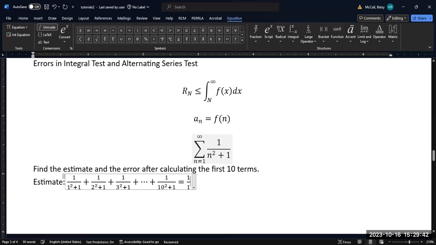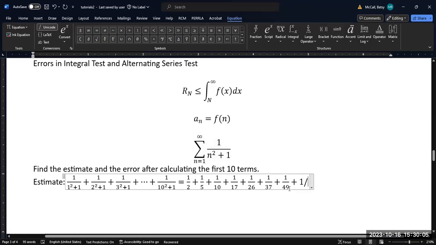So 1 over 2, plus 1 over 5, plus 1 over 10, plus 1 over 17, since 4 squared is 16, plus 1 over 26, plus 1 over 37, plus 1 over 50, plus 1 over 65, since 8 squared is 64, then 1 over 82, and then 1 over 101. I would add that up, and that would be my estimate.